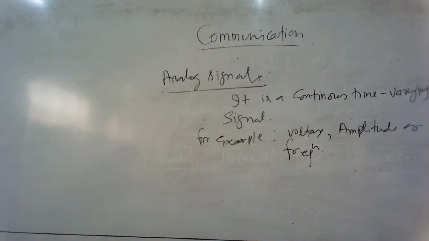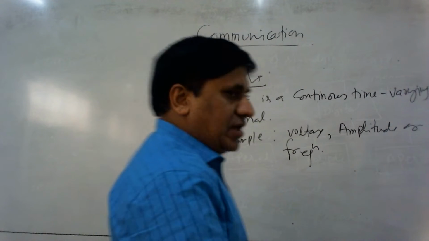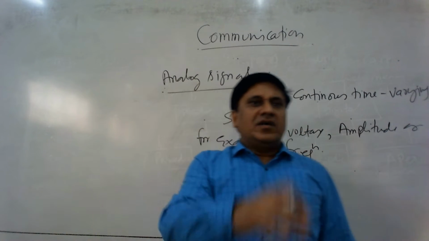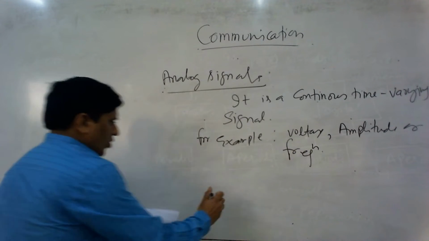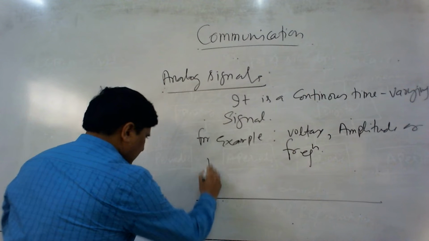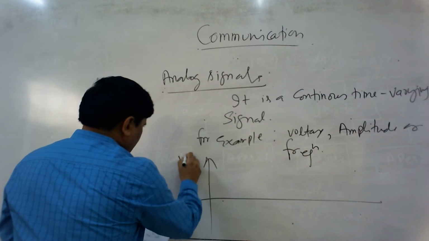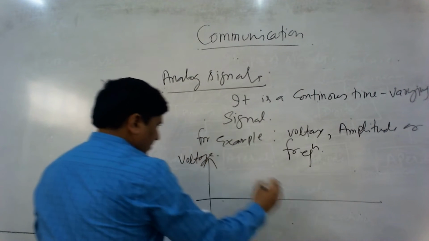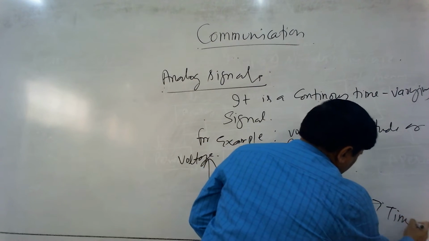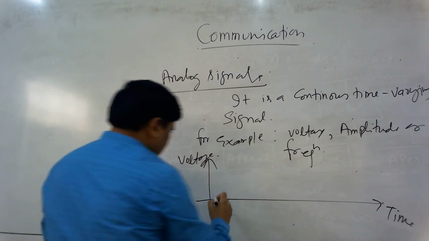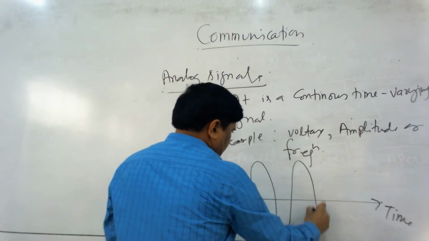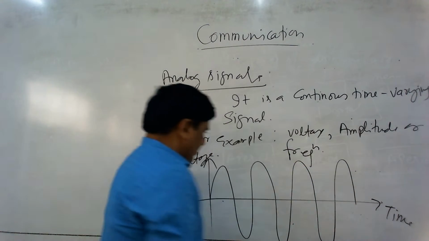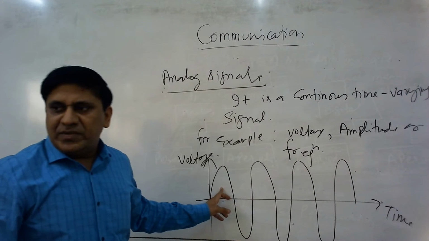Okay, so the waveform of this analog signal, are you getting it? The waveform of this voltage signal is drawn like this: this is the time axis and this is the voltage axis. This is the sinusoidal wave which we are drawing.